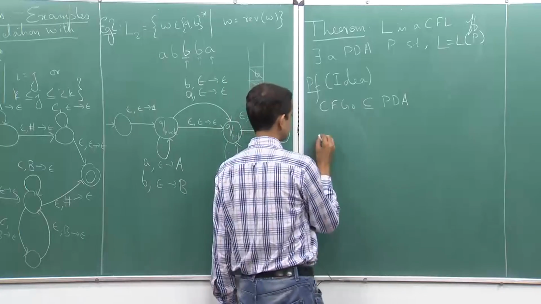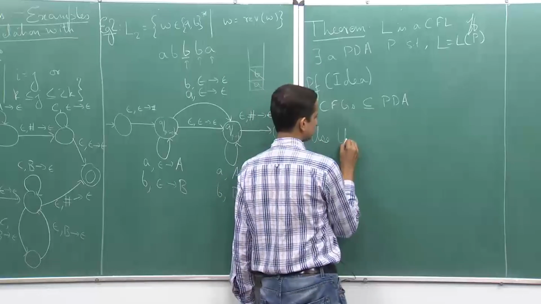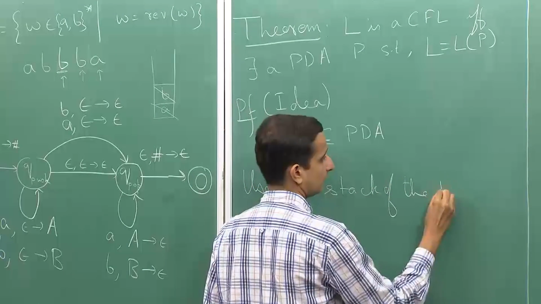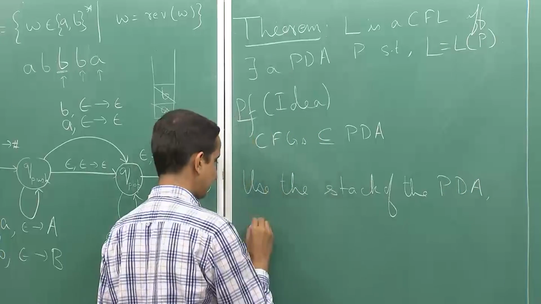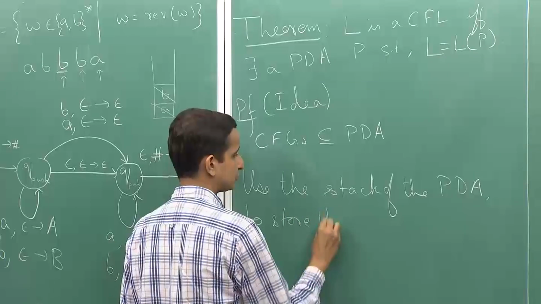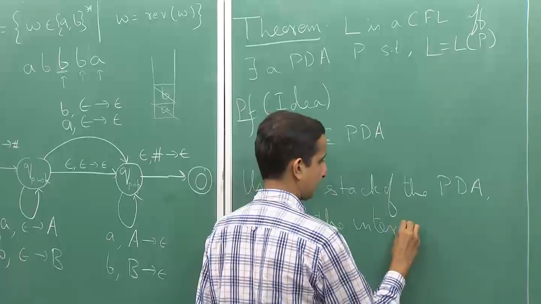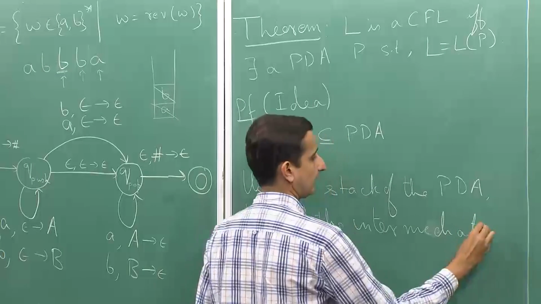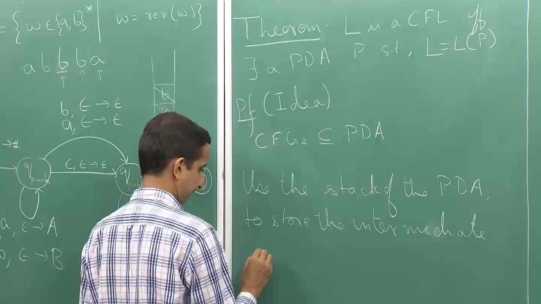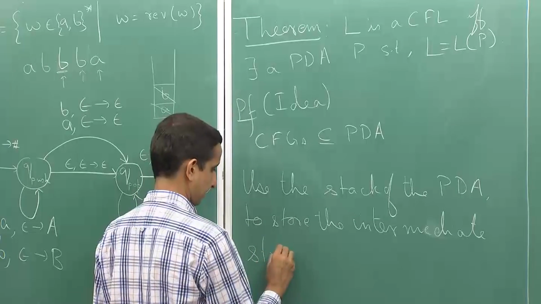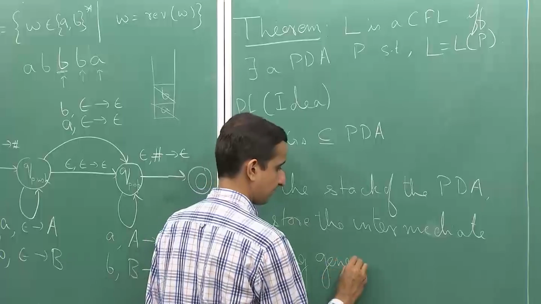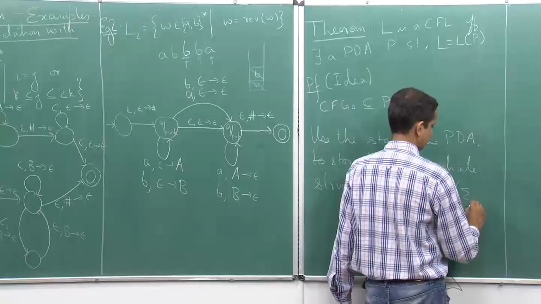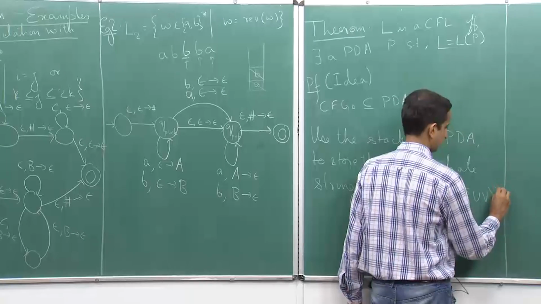Use the stack of the pushdown automaton to store the intermediate strings generated over sigma union V star.